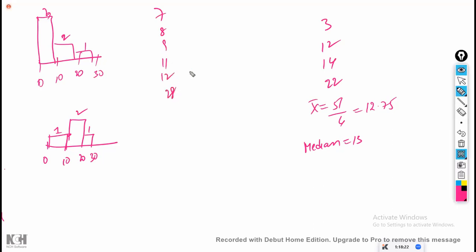For these 6 data points, can you tell me what is the mean and median for this data set?